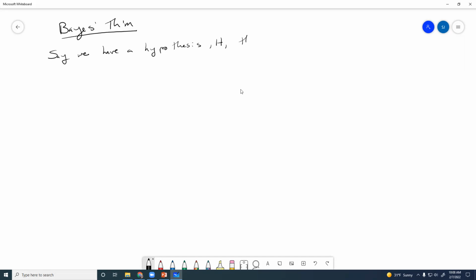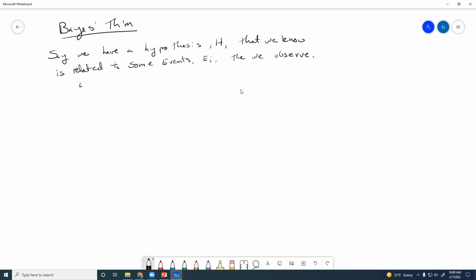That we know is related to some events or some observations that we observe or have prior knowledge of.